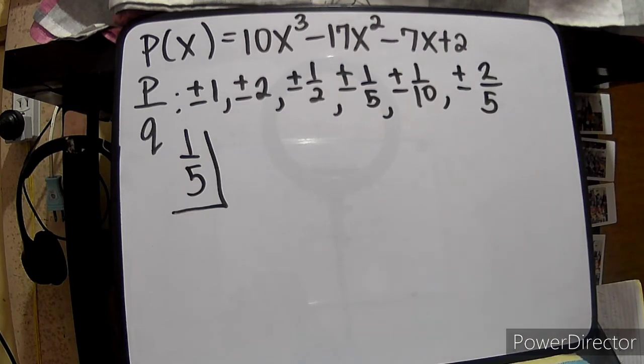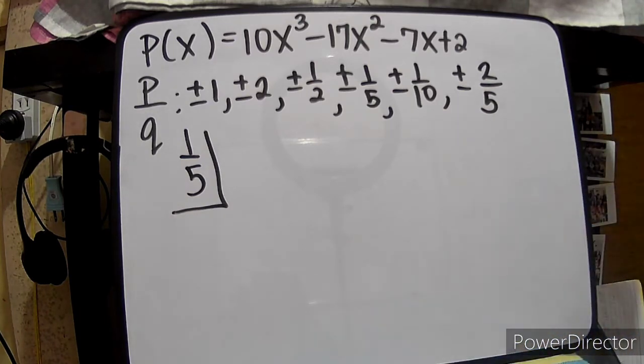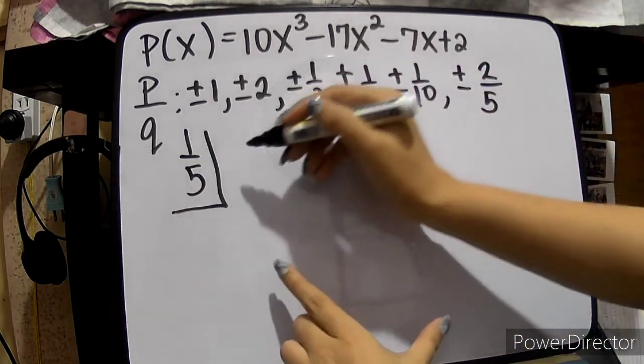Pero, hindi naman po laging, yung una nyong may isip ay magzi-zero agad yung remainder nyo, ha. So, ganun lang talaga. You just need to practice para mas masanay kayo ng pag-compute or pag-simplify. So, our degree is 3.